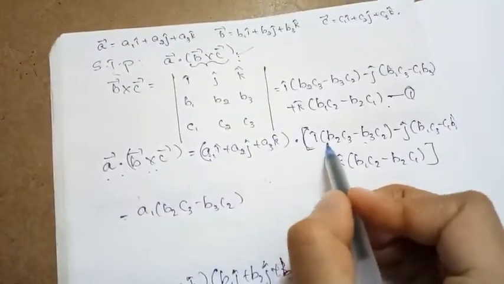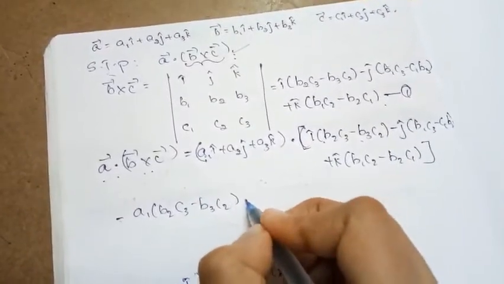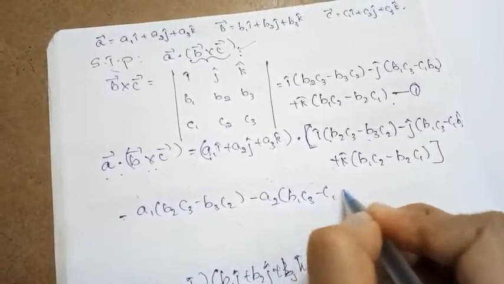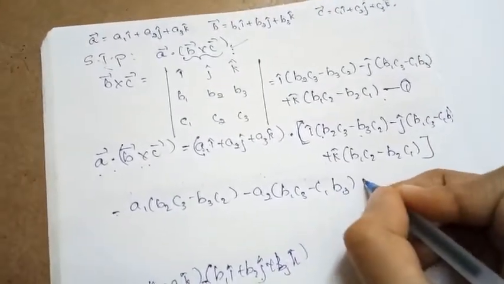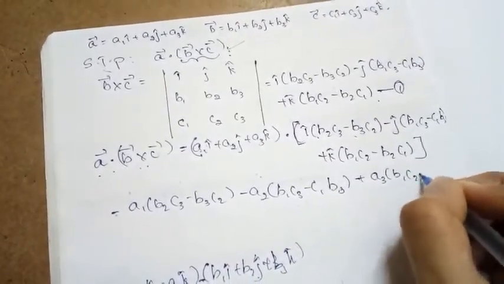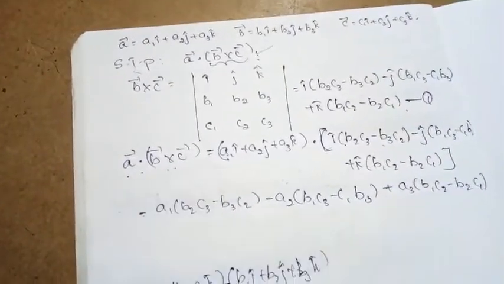I am going with that method itself. So here a1 (b2 c3 minus b3 c2) minus a2 (b1 c3 minus c1 b3) plus a3 (b1 c2 minus b2 c1). So I got this as the dot product.